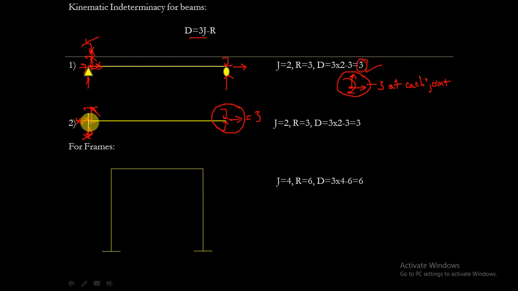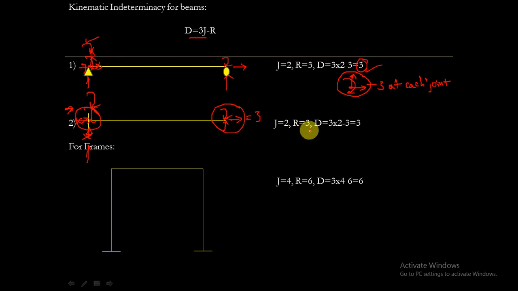The number of joints here is 2: this is one joint, this is the second joint. R equals 3, the reactions developed at this support are 3, that is horizontal, vertical, and a moment.